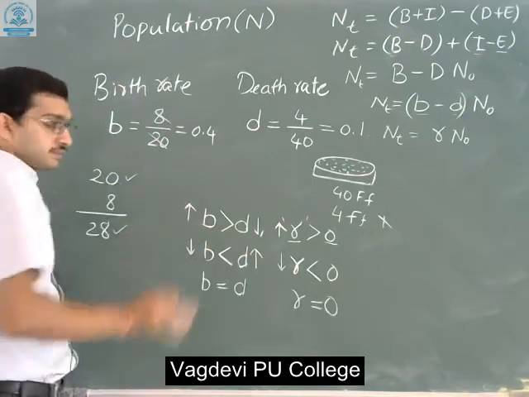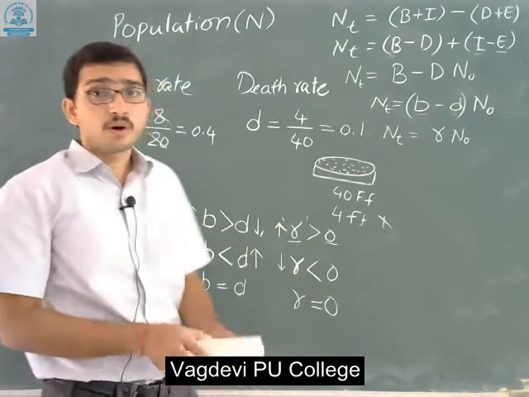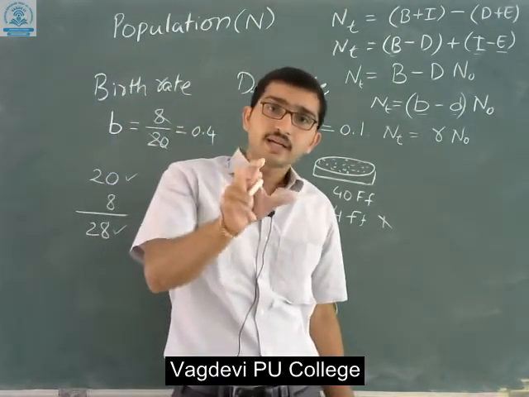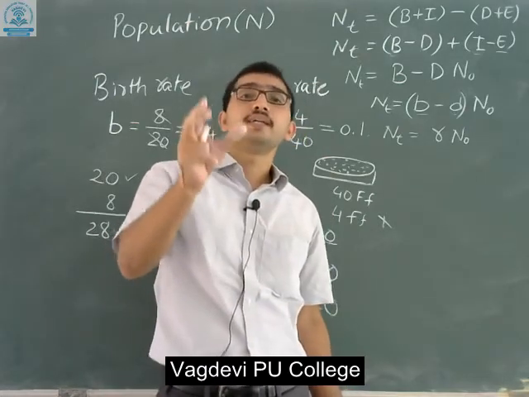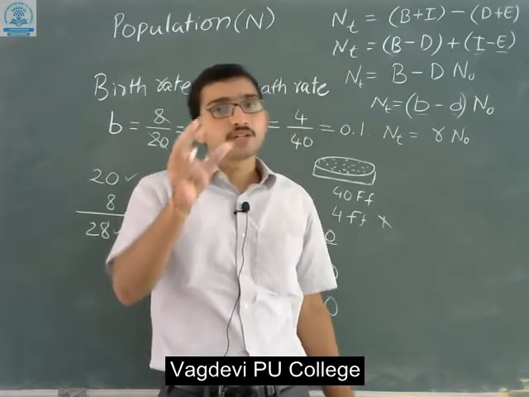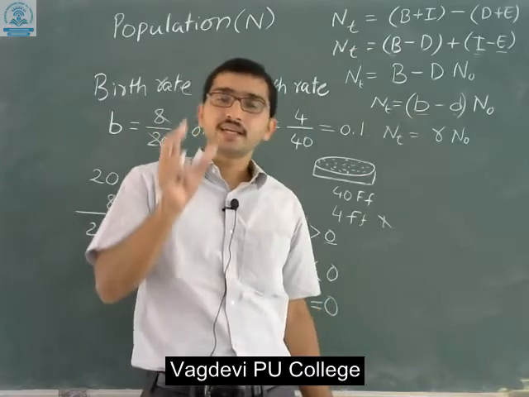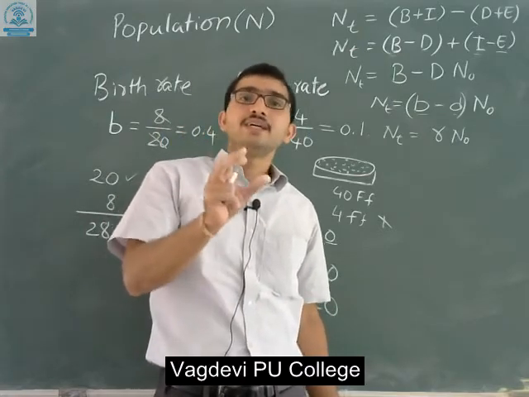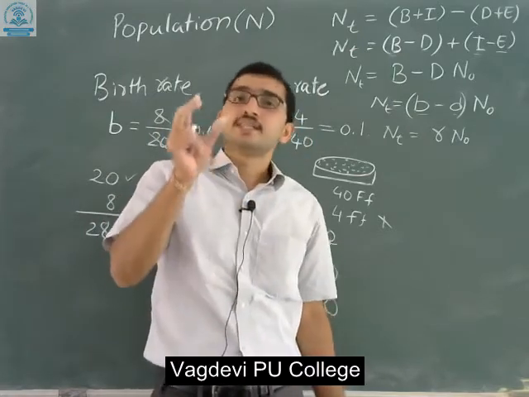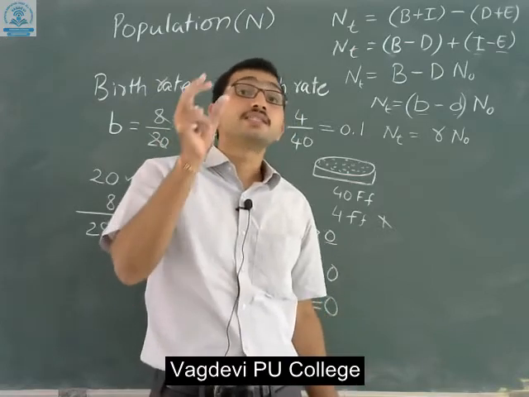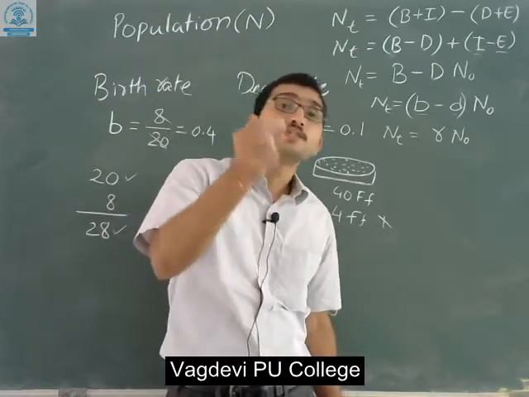Now let's see whether the population in a habitat is expanding, stable or declining. Any population, whether expanding, stable or declining, we can check with the help of age pyramids.